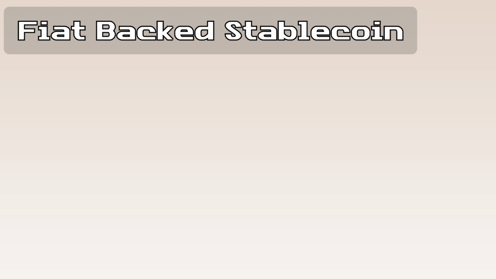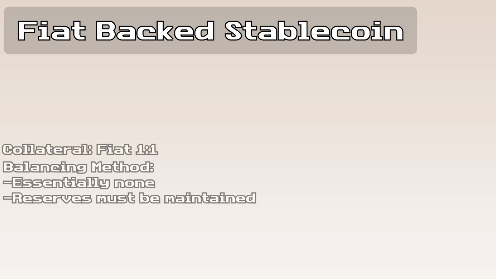Okay, so the third kind of stablecoin we're going to talk about is one that you may be very familiar with, especially if you've been in cryptocurrency for a little while: a fiat-backed stablecoin. This stablecoin is backed by off-chain collateral and it's centralized.